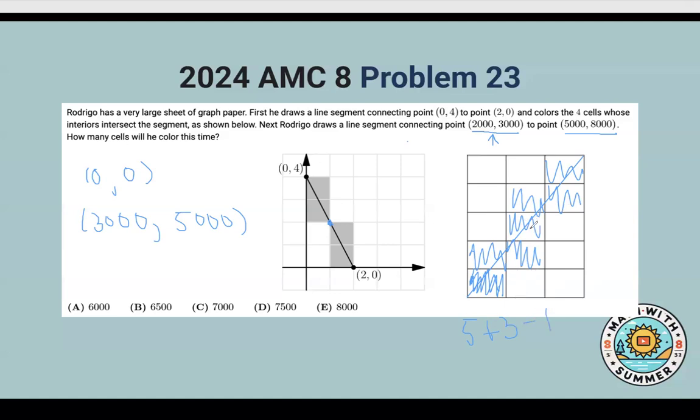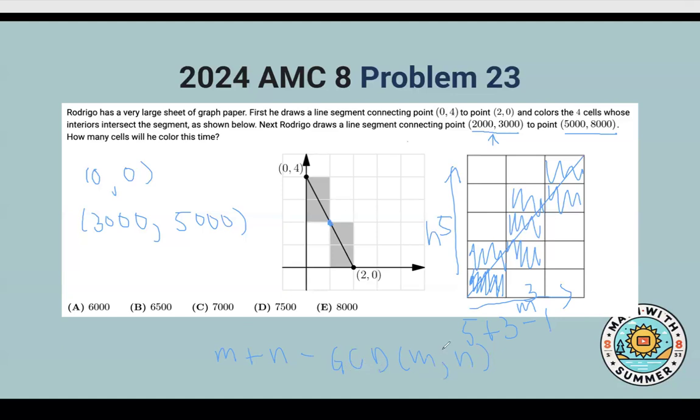So the general formula for this type of problem is: if we have m cells going in one direction, in this case 3, and n cells going in another direction, in this case 5, we do m plus n minus the GCD of m and n.